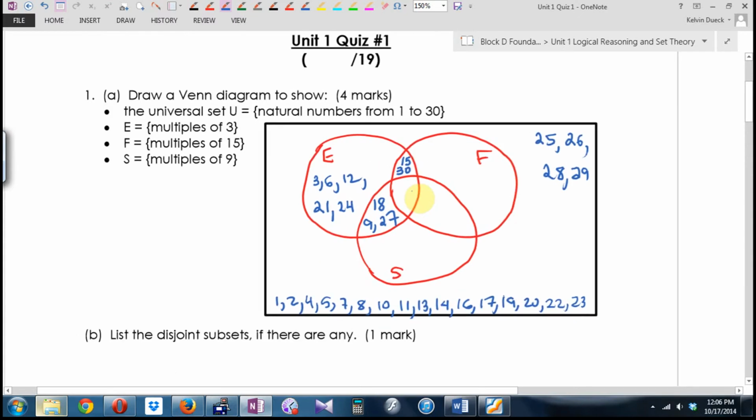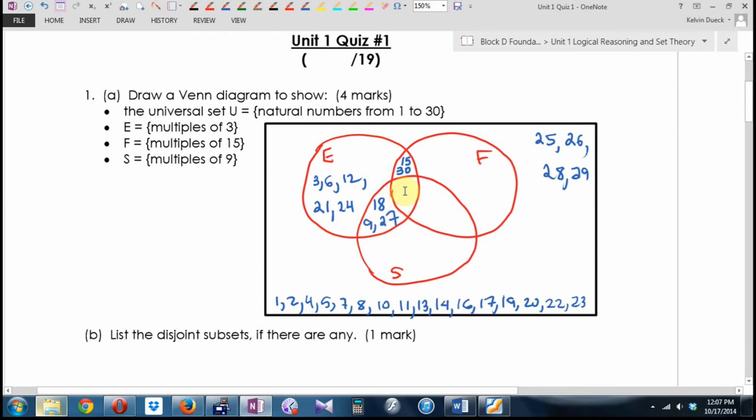How would I give out marks? I would probably say 1 mark off for each number you have in the wrong place. So if you have 4 numbers in the wrong place, you get 0. You should have then 1, 2, 3, 4, 5 in circle E by themselves, E only. 2 in the overlap of E and F, and 3 in the overlap of E and S. You should have nothing in the middle.